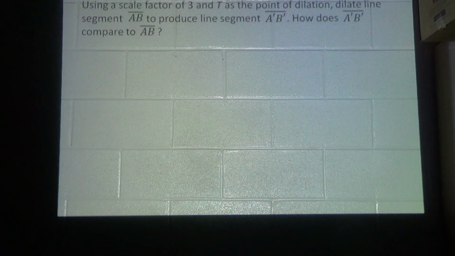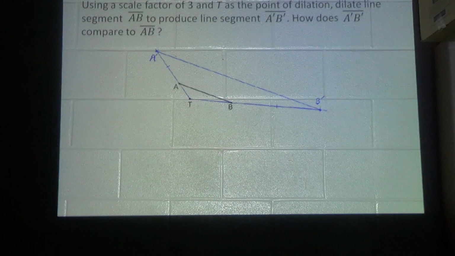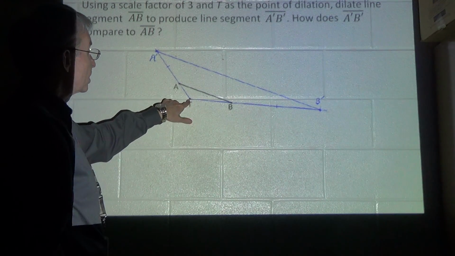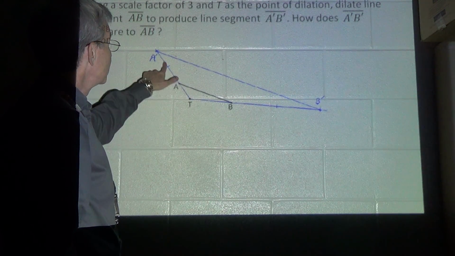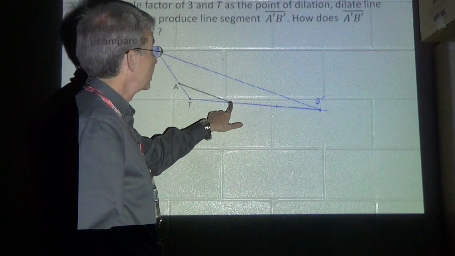Okay, use a scale factor of 3, and T is the point of dilation. They want you to dilate line segment AB to produce line segment A prime, B prime. How does segment A prime, B prime compare to segment AB? So here's what we got. This is our segment, this is our point. All we're doing is going out here and going here.